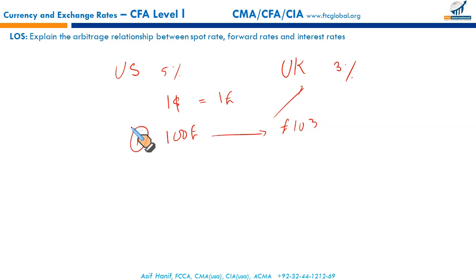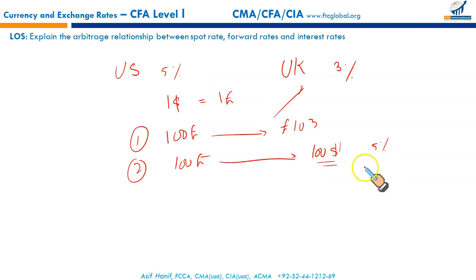The second option: this UK-based investor takes his 100 pounds and converts them, since the rate is $1 to 1 British pound, into 100 US dollars. Now he can invest this $100 in the US at 5%, which means in the future he will receive $105.